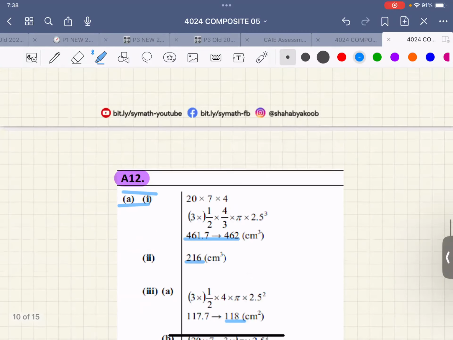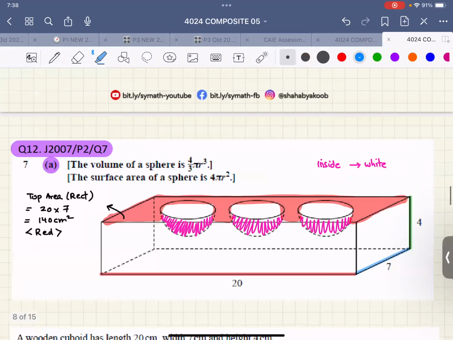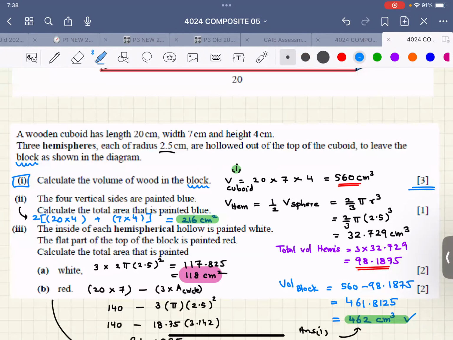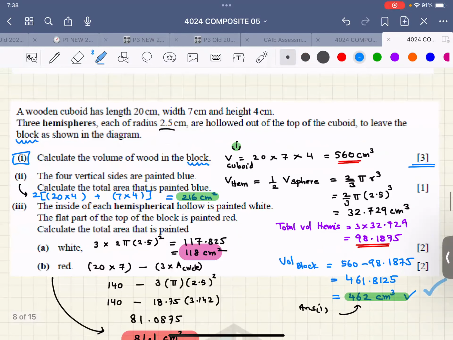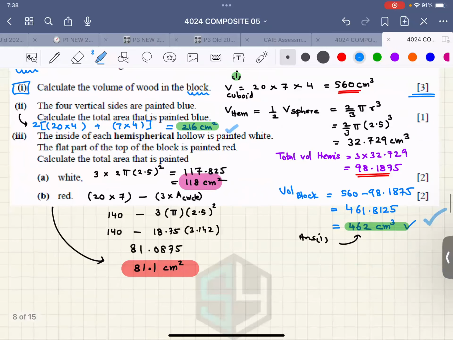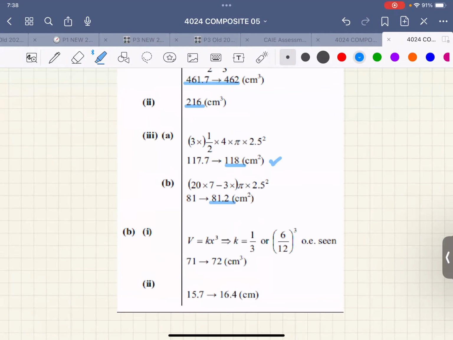So 461.7, that is this thing. Okay, this thing is all good. The second part is this thing, 216. I think that is also good. The third part is 118, and this is 81.1. So this is all good, all perfect.